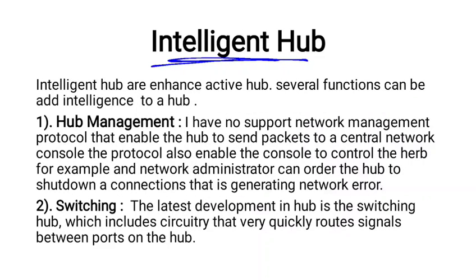First of all, intelligent hubs are enhanced active hubs. Several functions can add intelligence to a hub. Enhanced active hub means it performs its work in two steps. I am talking about why that hub is intelligent: because there are two steps of work.